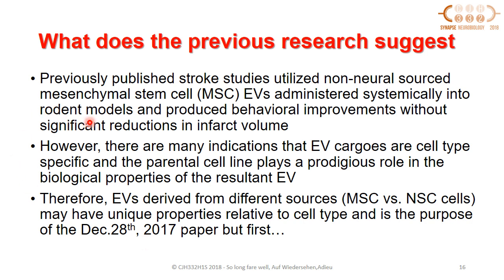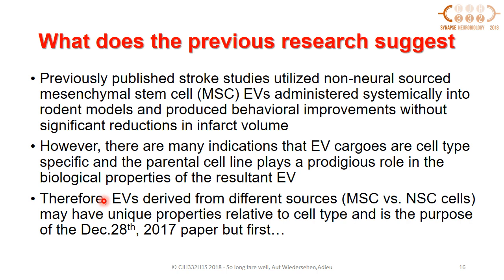So previous stroke studies had actually identified that one of the best ways to repair the brain is not to use extracellular vesicles from neuronal tissue, it's to derive them from what is known as mesenchymal stem cell tissue. These mesenchymal stem cells, if you're taking other CSP courses, have been found to be better at brain repair than stem cells from the neuronal lineage.